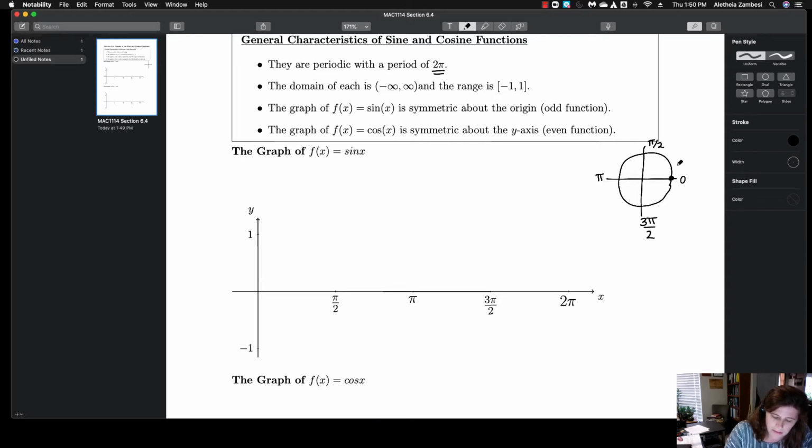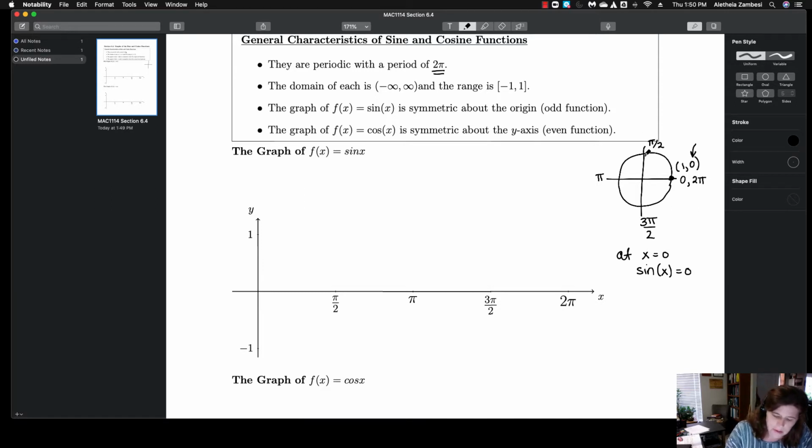At this point we have the point 1, 0. So at 0 and at 2 pi and 4 pi and so on, our sine function of that angle is equal to 0. So at x equals 0, sine of x is also equal to 0. This is review from the previous section.